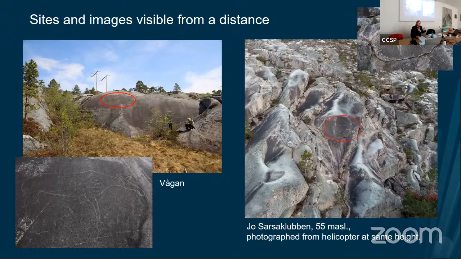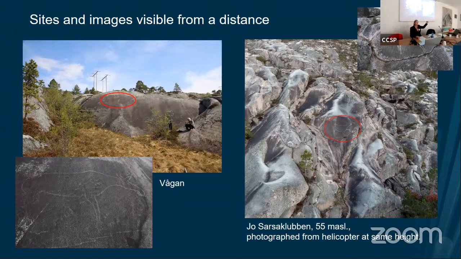So again, somewhat similar to what Wenke was talking about, I think these early rock art sites would have been very visible from a distance. They're on these vertical cliff sides. You have very large motifs, and if you see this image here to the bottom right, this is an image that Jan Magne actually took from a helicopter.